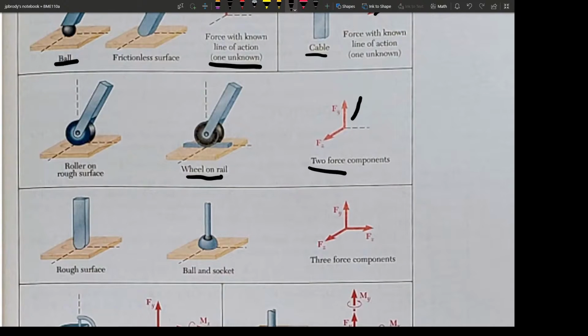That's the one we're showing here, F sub y they call it, and the other one they've got is F sub z, and that is along this axis. So it can resist a force. It's on a rough surface, it's on a rail. It can resist a force that way. But if the force is along this line where the wheel is rolling, it'll just move along. So there's no F sub x force here.